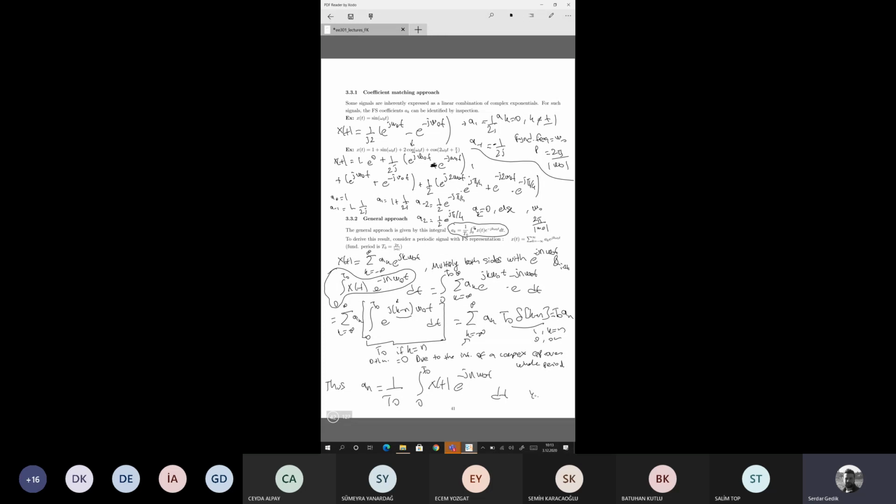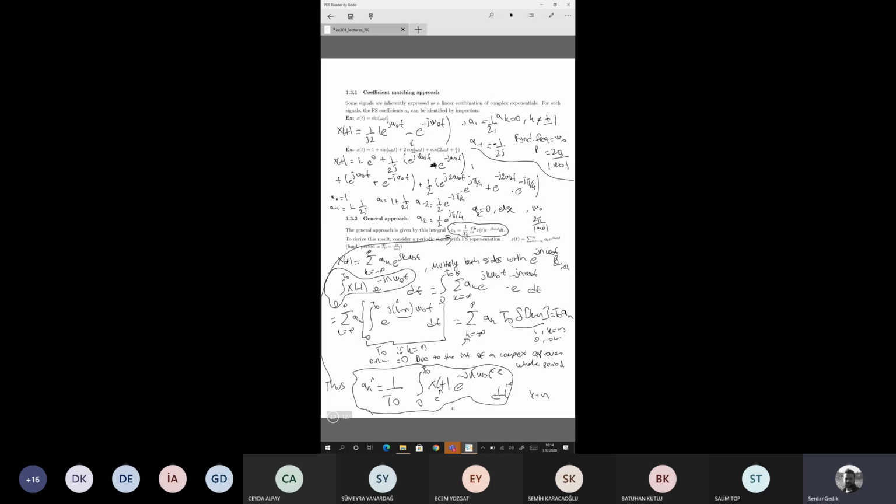Put k equals n and obtain this relation. I have written it for n, but you can put k if you wish. Nothing changes. It's an auxiliary variable. Just like I can put tau here, or k here, nothing changes. These are auxiliary variables.